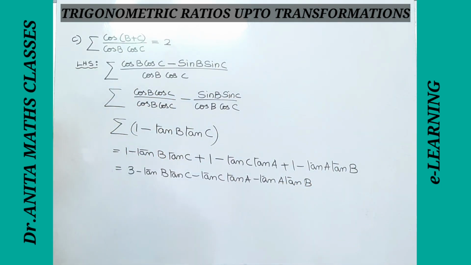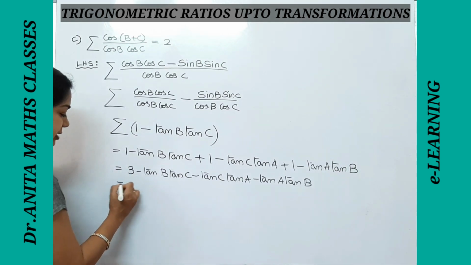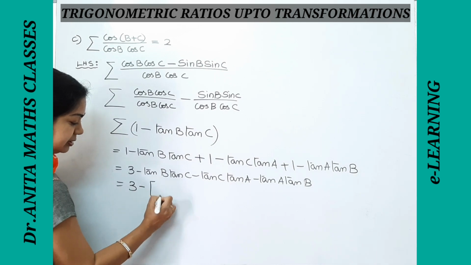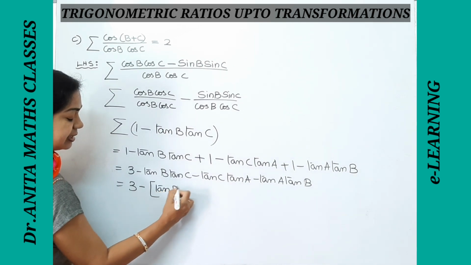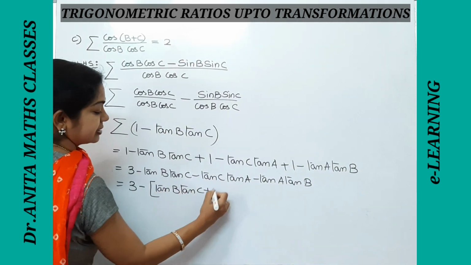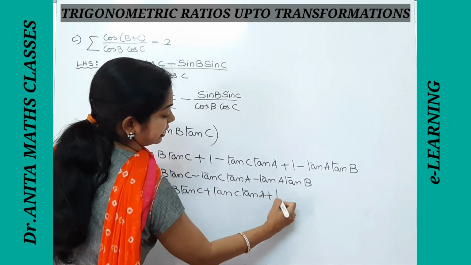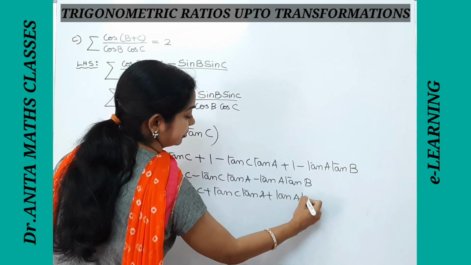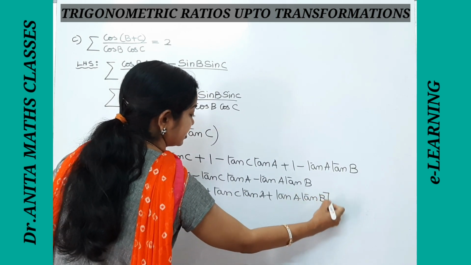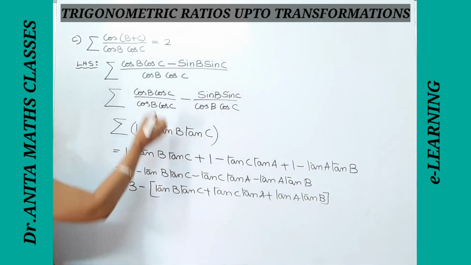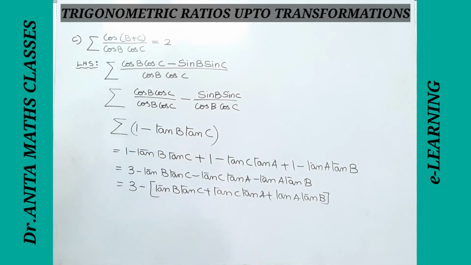Now if you take this 3 on this side and this to the other side, this becomes positive. And if you take common minus here, this becomes tan B tan C plus tan C tan A plus tan A tan B. So this value we have proved in our second bit, that is the b part.